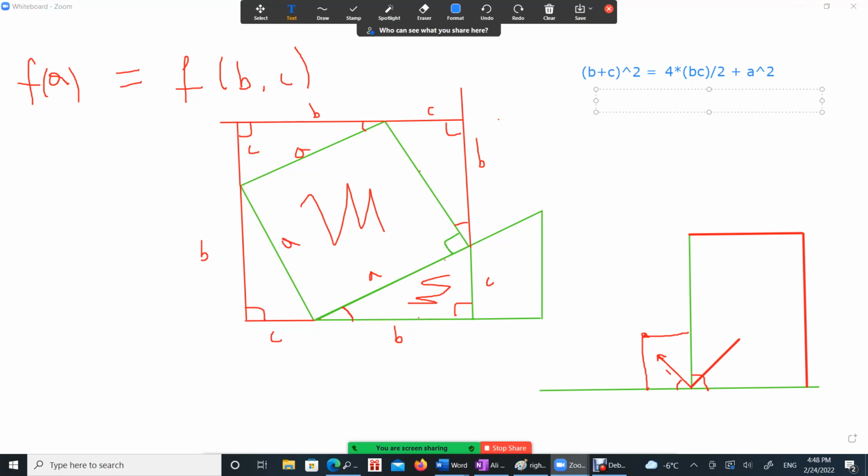So b plus c squared operated would give b squared, 2bc, and c squared.